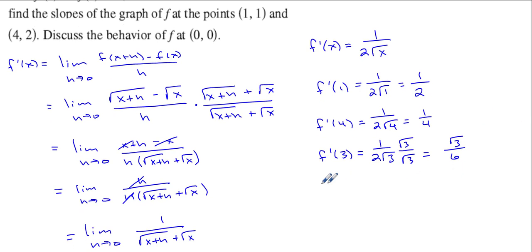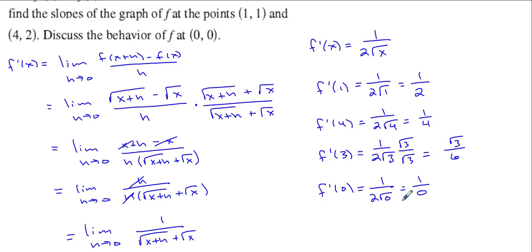Well, let's find f prime of 0 then. Because they kind of asked the question in a different way. Discuss the behavior of f at 0, 0. Well, we know 0, 0 is on the graph, right? Let's plug in 0 to our derivative. That's 1 over what? Which is undefined. So the slope is undefined. What does that mean? It's vertical.